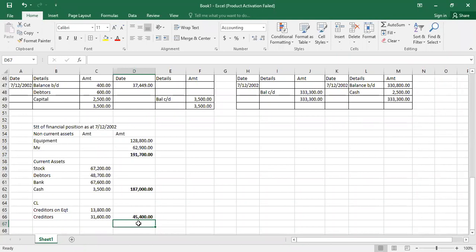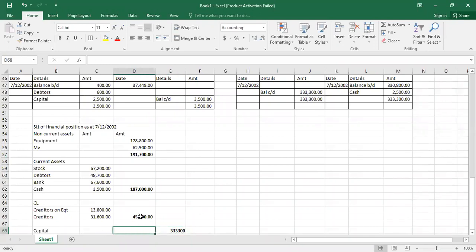We have the balancing figure. What's the value of capital? 333,300. So that's our balancing figure. Yes.